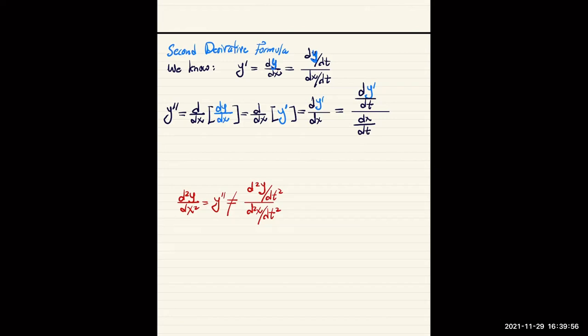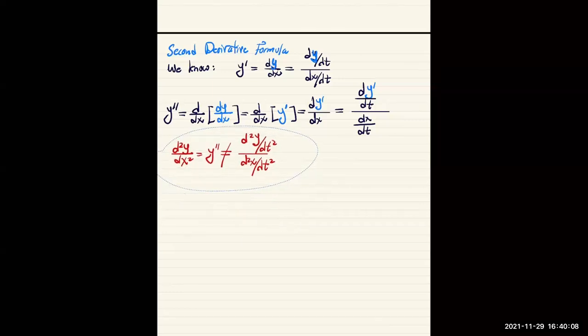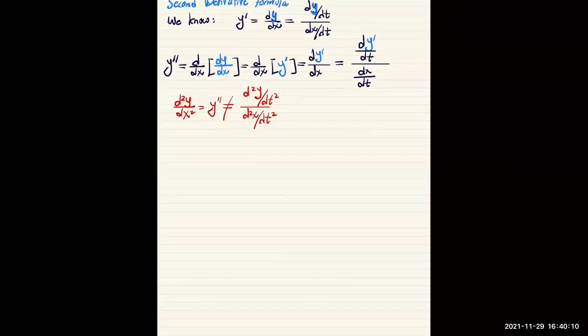You're taking the first derivative of y prime with respect to t, dividing that by dx/dt. Let me show you an example. I strongly suggest that you do not memorize these formulas. If you memorize, you're almost guaranteed to make a mistake on the test or in your homework. Make sure you do enough practice.